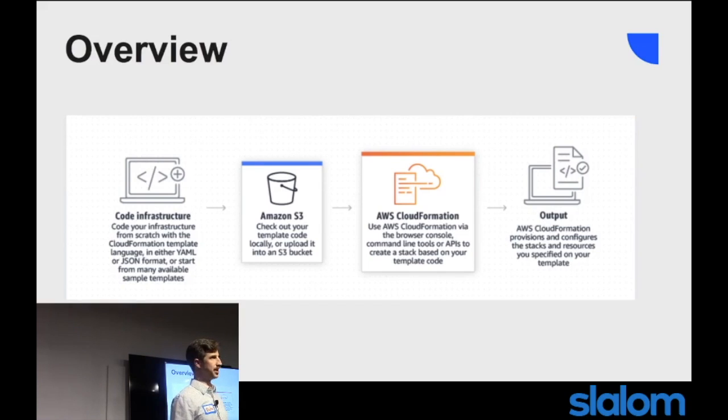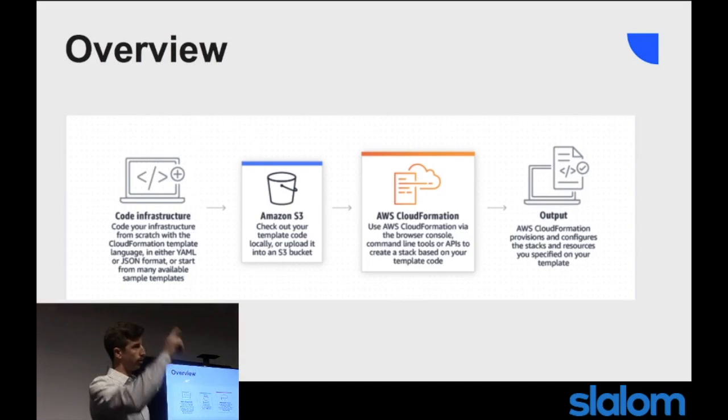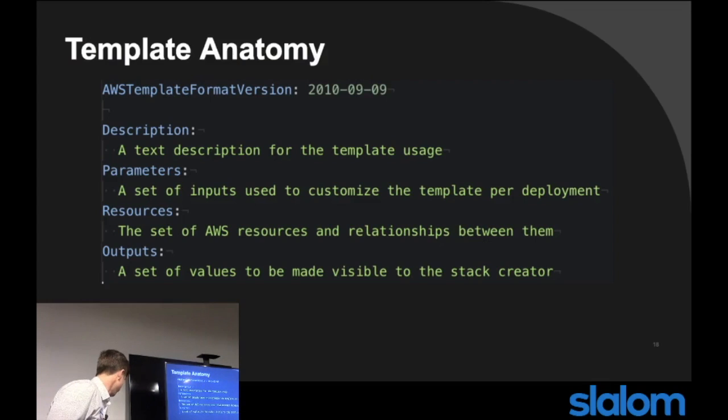So it's basically a file that's telling it, hey, go click through all these buttons, but with code. So we're going to walk into a template, and I want to highlight a couple of major pieces.